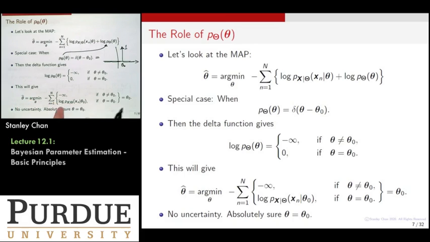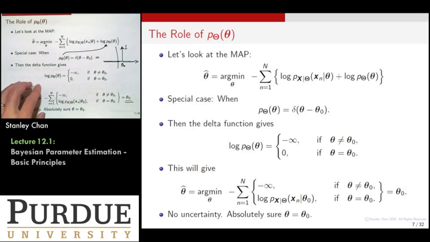But if you look at this problem, since you have already chosen theta to be exactly at theta 0, then the solution has to be theta 0. So you have already said that I am absolutely certain that my solution is theta 0, and therefore I am going to choose my solution to be theta 0.